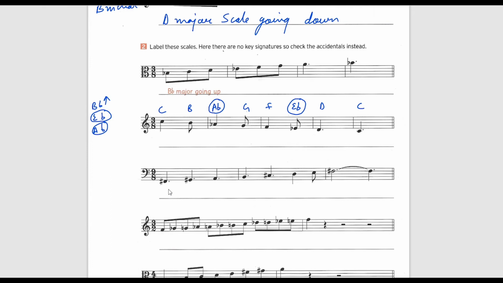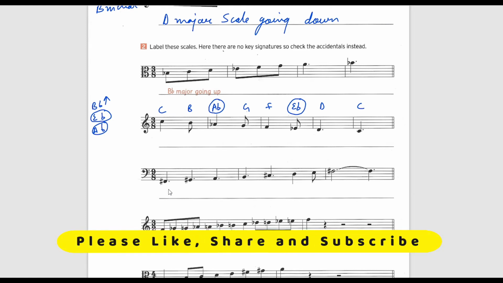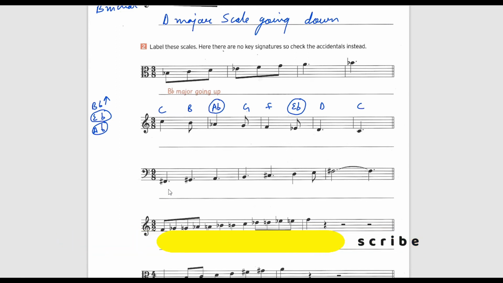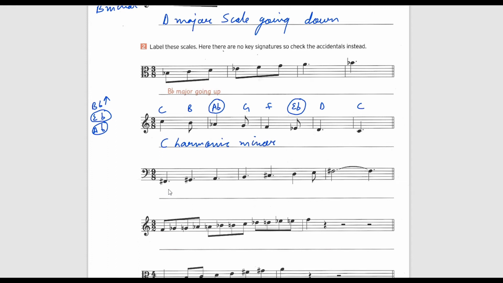That's why there is no accidental here. So that means this has been raised by a semitone. That makes it a harmonic minor. So this is our C harmonic minor scale going down.